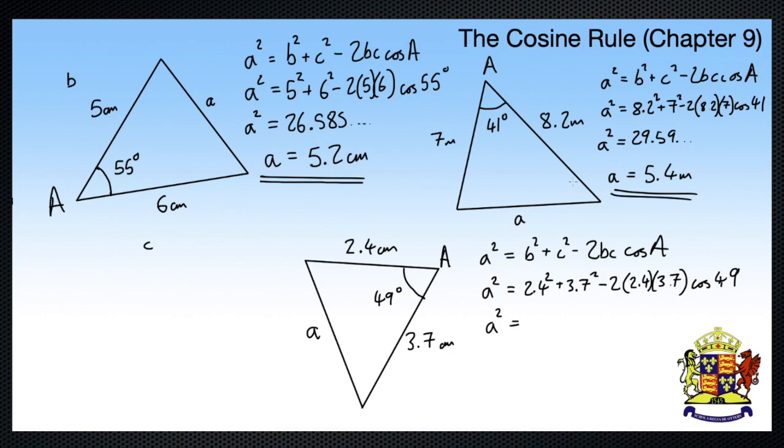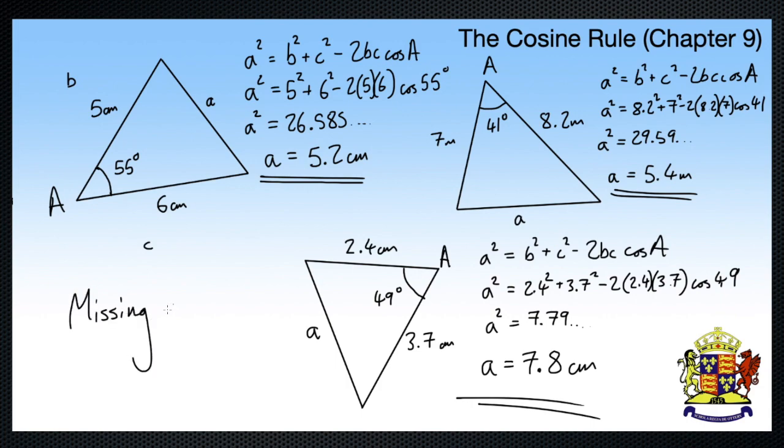So this gives me 7.79, which I'm going to round to 7.8. Look at the unit, centimeters. Okay, so that is how you find the missing side, and you can practice that to your heart's content.